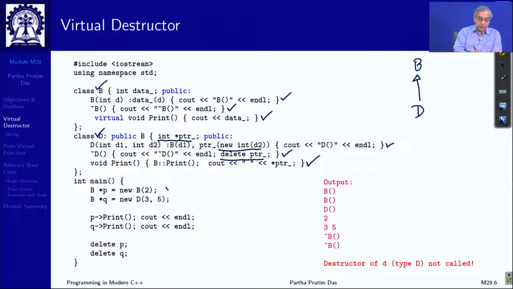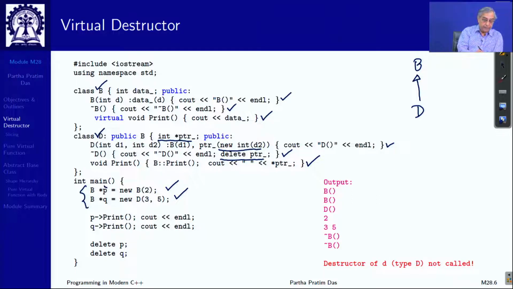We dynamically construct two instances, one of B and the other of D, and put the pointers in B type pointers as we do. We have seen how to do this by doing an upcast and keeping the pointer to the object by the base class pointer.